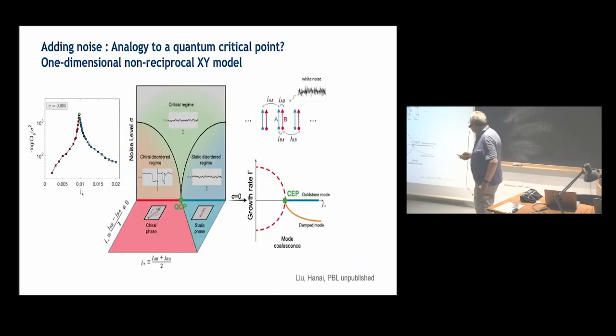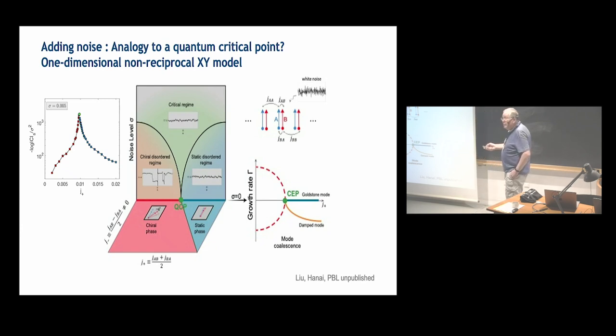And so just at the very end, as a theoretical exercise, I wanted to look at what happens when you go away from dynamical systems to those which have noise in them as an intrinsic part of their problem. And I'm going to take this flocking model, which you can think of as a non-reciprocal XY model.